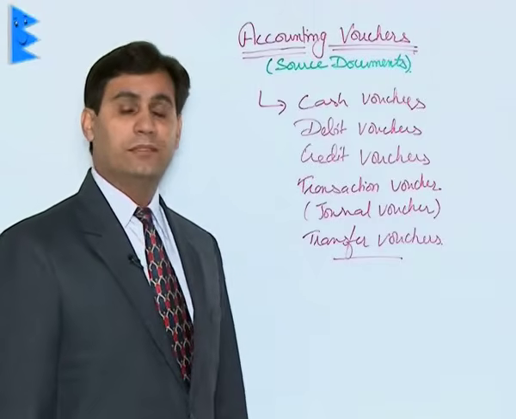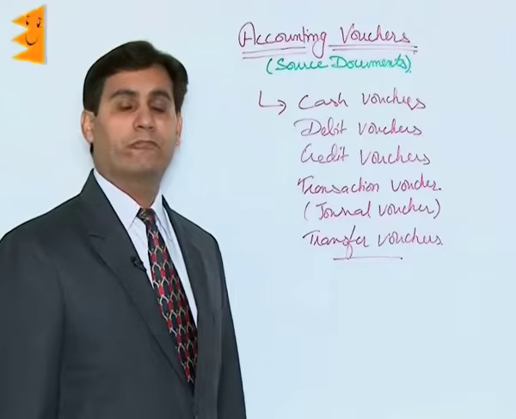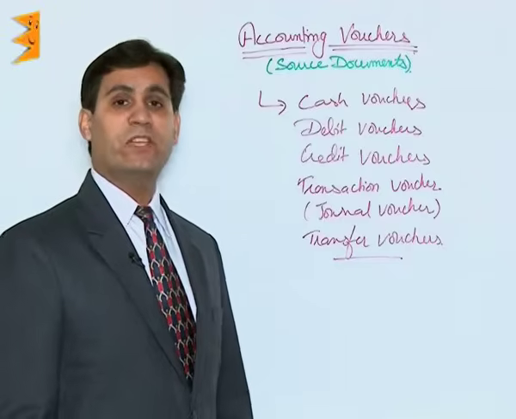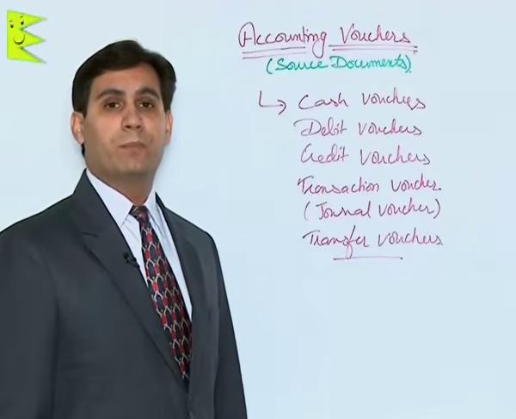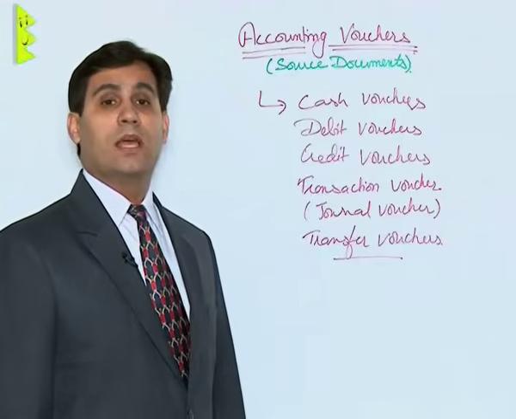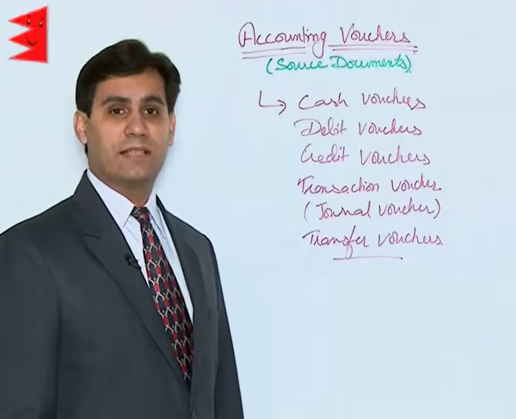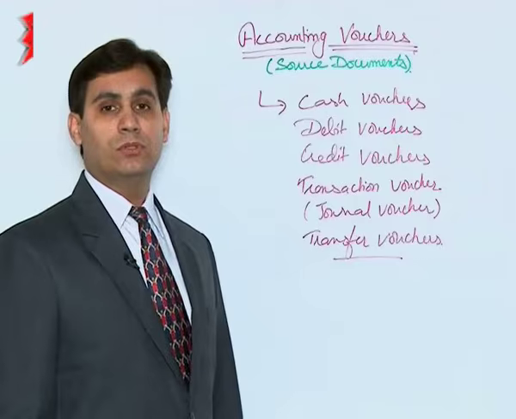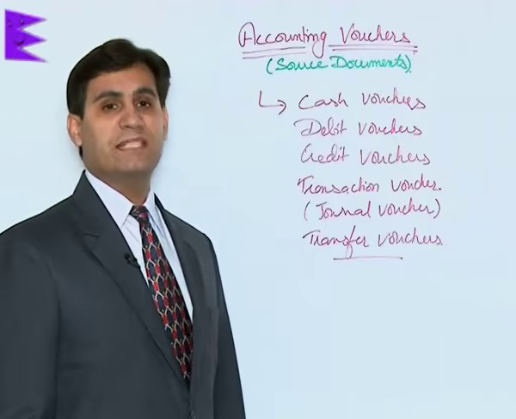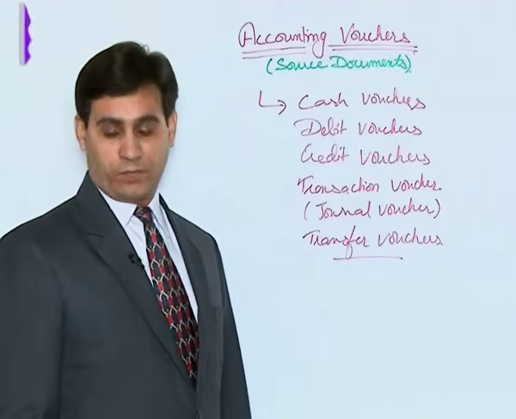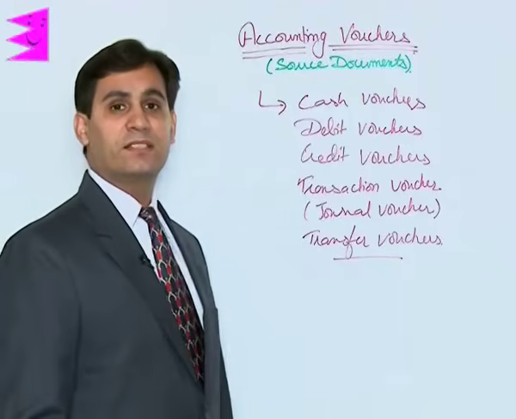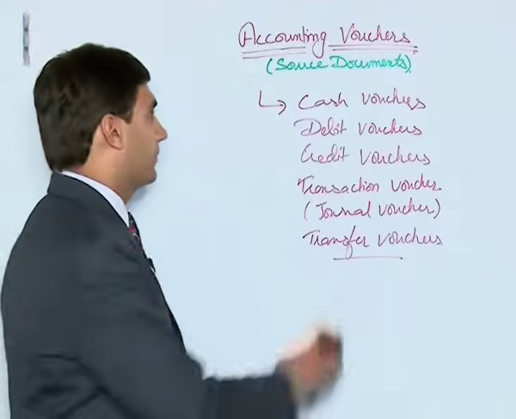Remember one thing, there is no definite format for a voucher. Every firm, every business prepares its own vouchers according to the information that it desires the vouchers to convey. But some basic characteristics are there. Now let us discuss those characteristics through various examples.